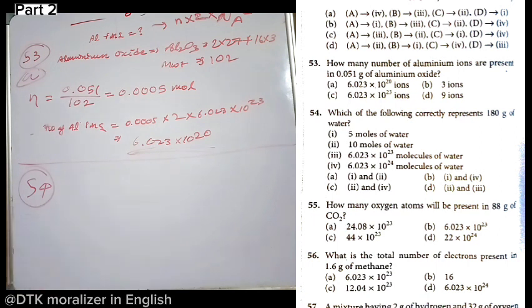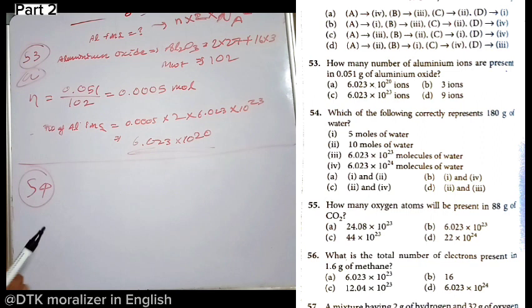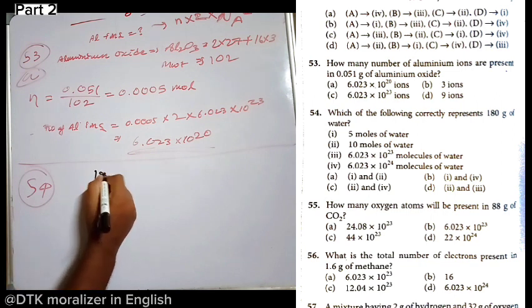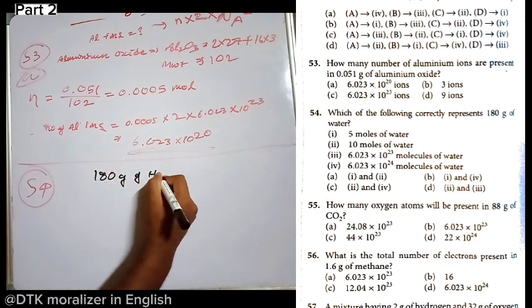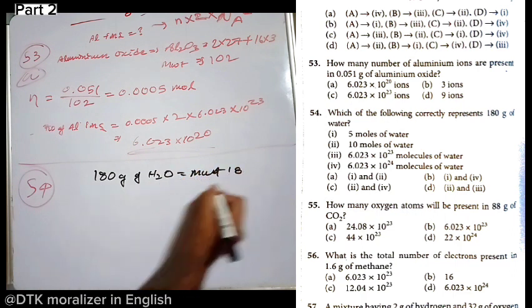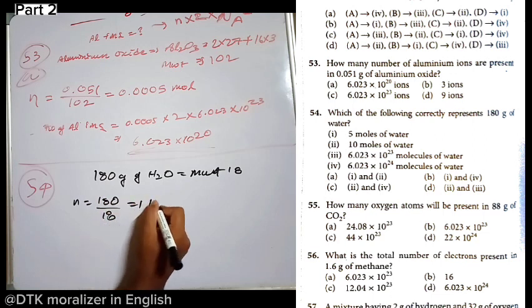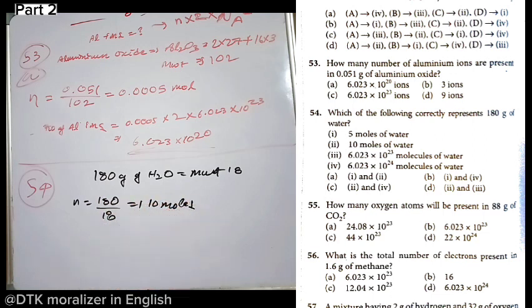Now question number 54. Which of the following correctly represents 180 grams of water? 5 moles of water, 10 moles of water. We have to find out 180 grams of water. Here, as you can see, mass is given. Molecular weight of water is 18, so the number of moles is 10 moles.